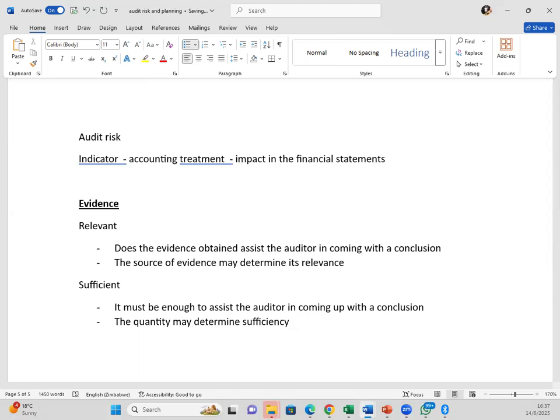The quantity can also play a role in determining the sufficiency.